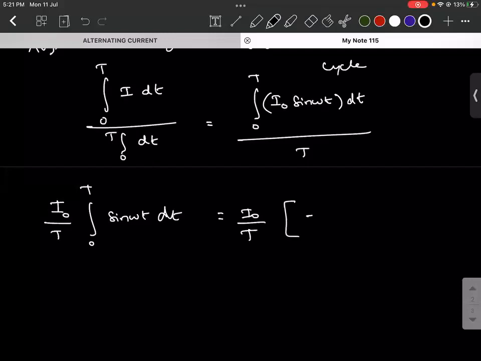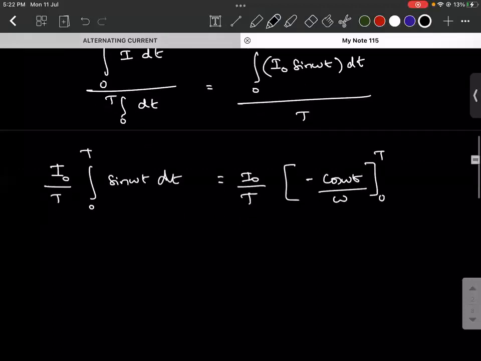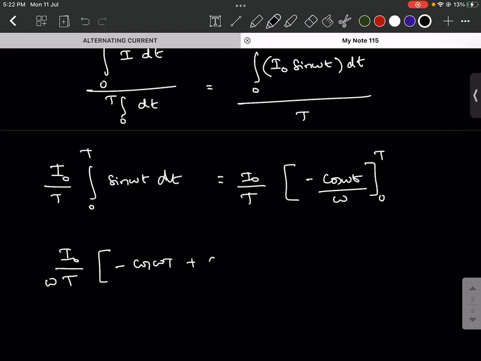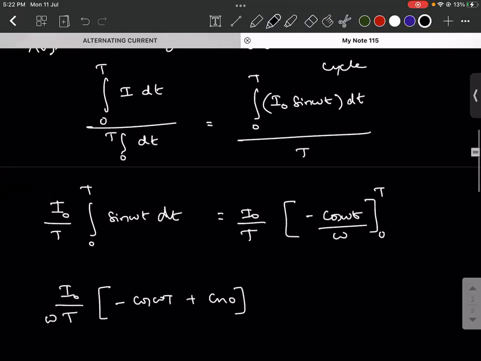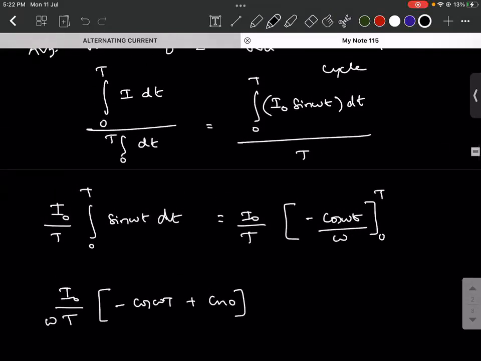Integral of sine is minus cos divided by omega, between 0 to capital T. So I naught divided by T into 1 by omega into minus cos omega T plus cos 0. Keep writing.